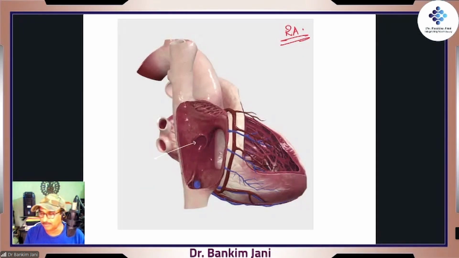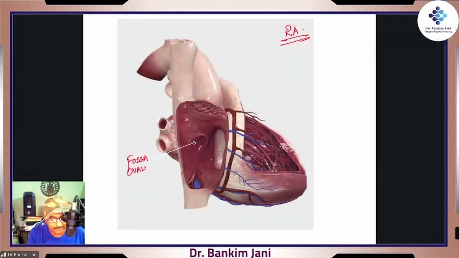This is what we were talking about. This is the foramen ovale, but it is not a foramen. In the healthy heart, this foramen would be closed. But even though it is closed, this would be the sign that once upon a time there was a foramen ovale over here. But now, because it is closed, it is called the fossa ovalis.